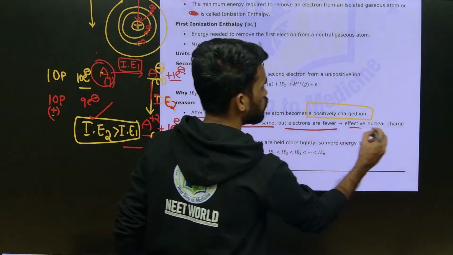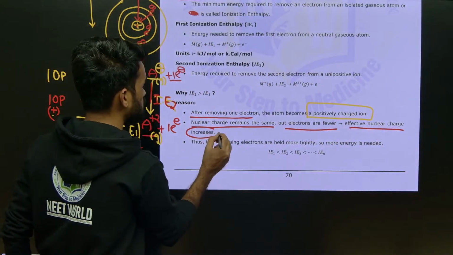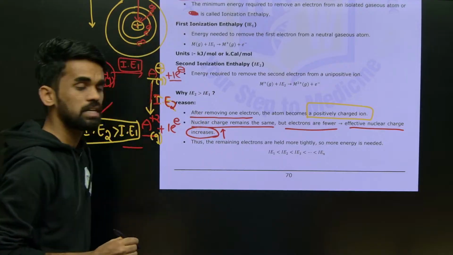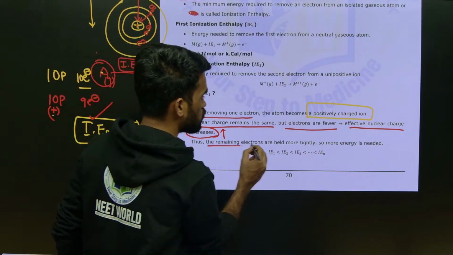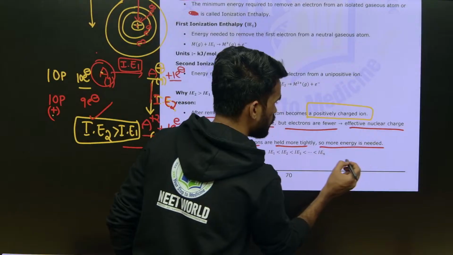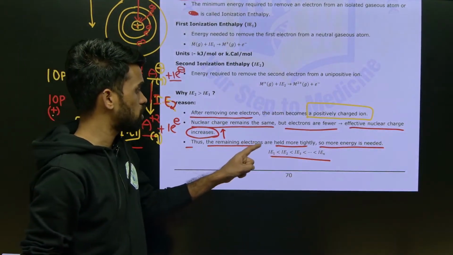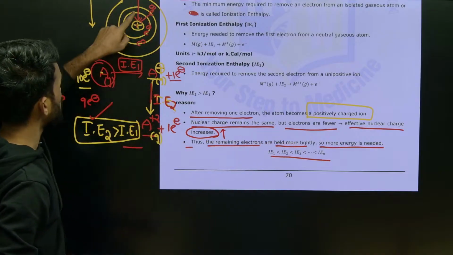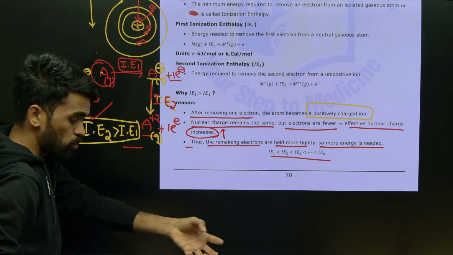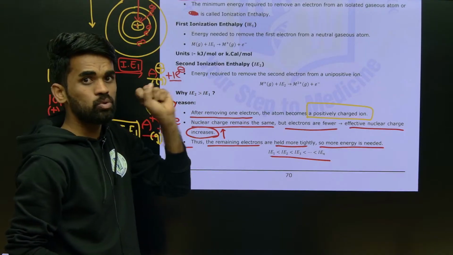So the effective nuclear charge increases. Thus the remaining electrons are held more tightly, so more energy is needed. Therefore, a greater amount of energy is required to remove those electrons.